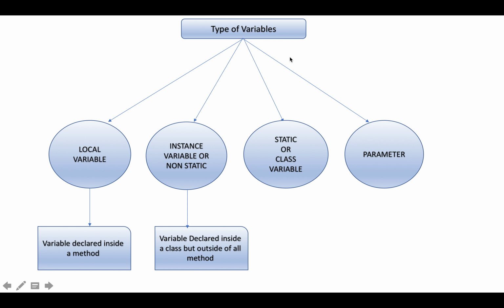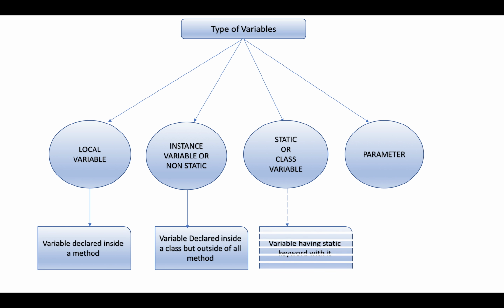Got it? Now what is a static variable? A static variable is a special type of variable compared to other variables, which has some special properties. These are also called class variables. Why, we'll see. But for now, a static variable is a variable which has a keyword called static.